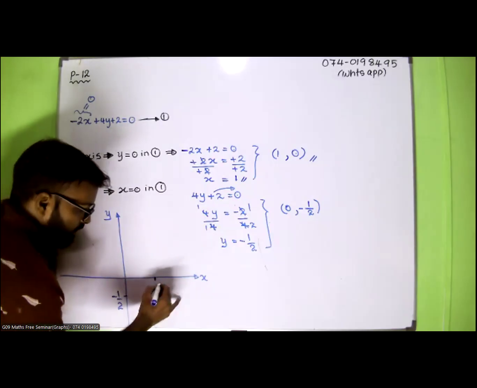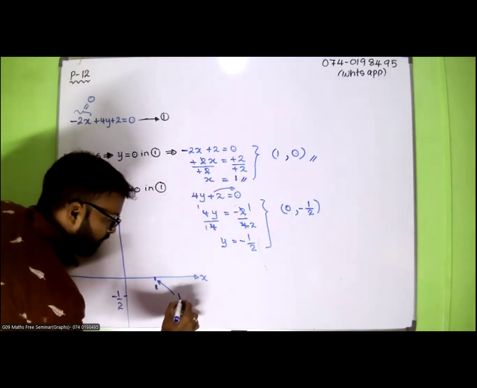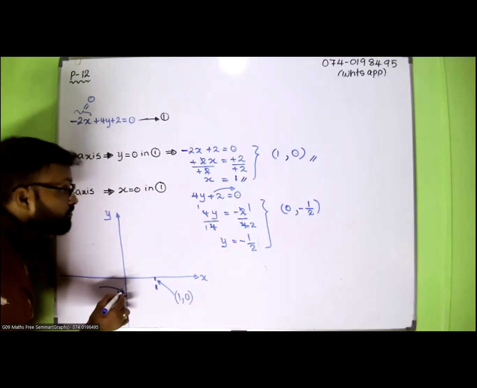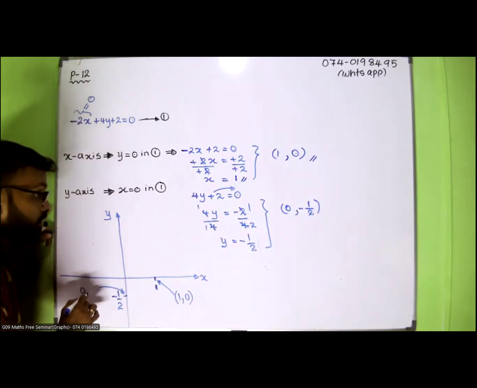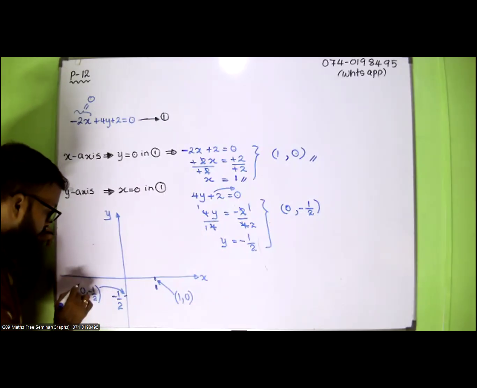So this point is 1 comma 0. This point is 0 comma minus half.